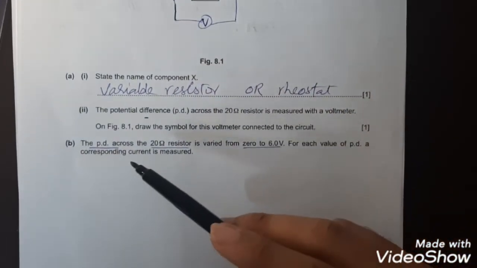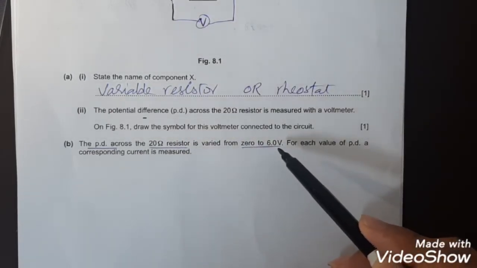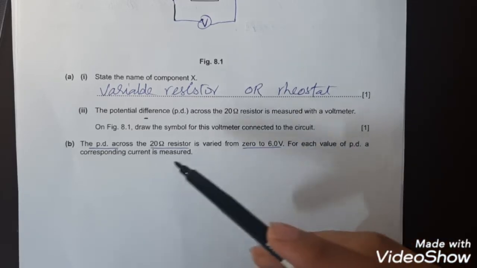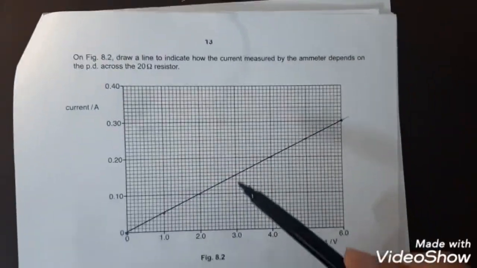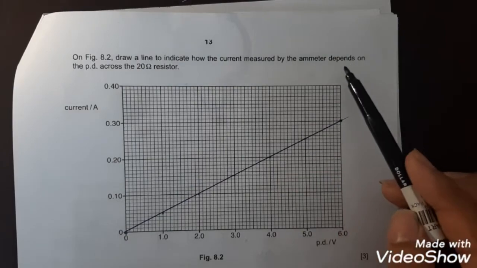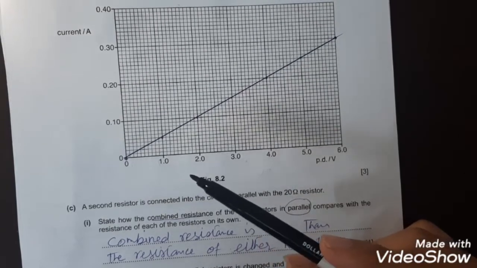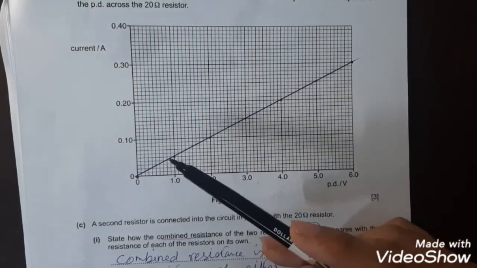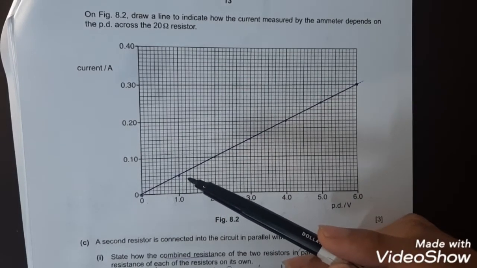Then in question B, the PD across the 20 ohm resistor is varied from 0 to 6 volt. For each value of PD, a corresponding current is measured. So then over here, draw a line to indicate how the current measured by the ammeter depends on the PD across the 20 ohm resistor. So at 1 volt it is 0.05 because 1 divided by 20 is 0.05.